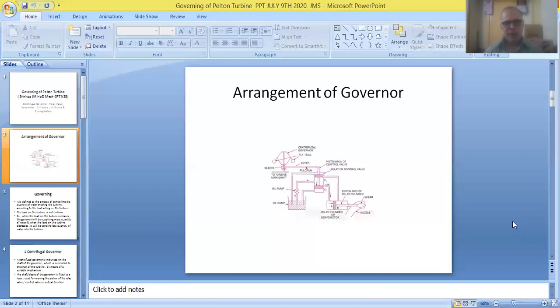So the entire arrangement is taking place automatically with the help of this wonderful arrangement.